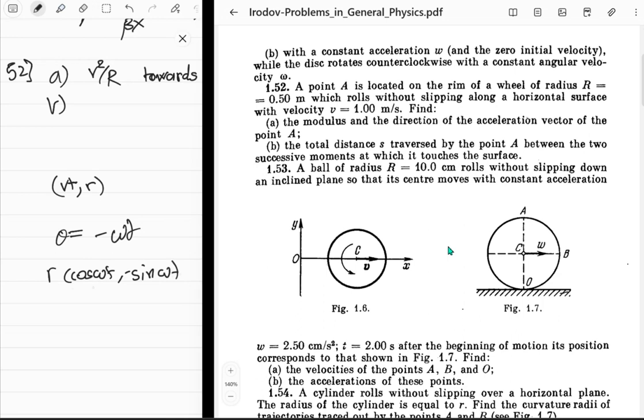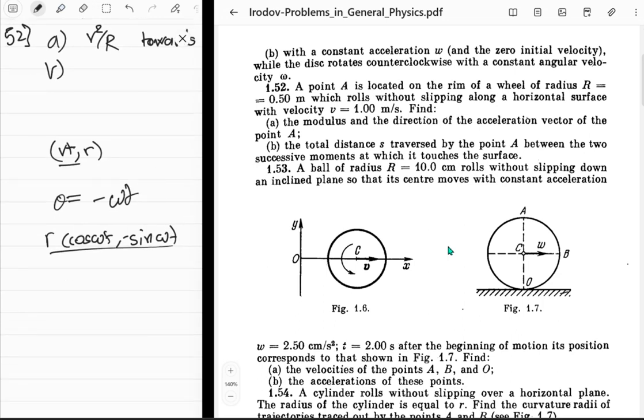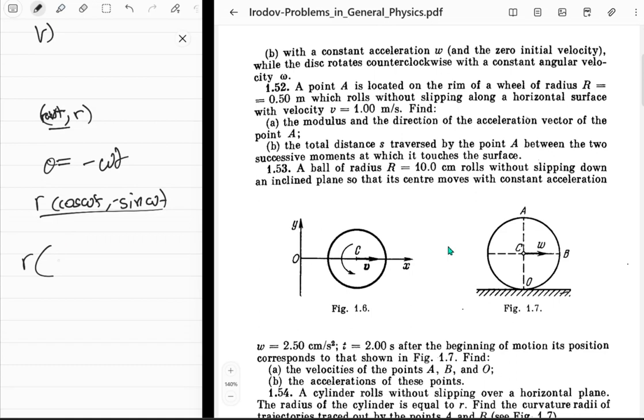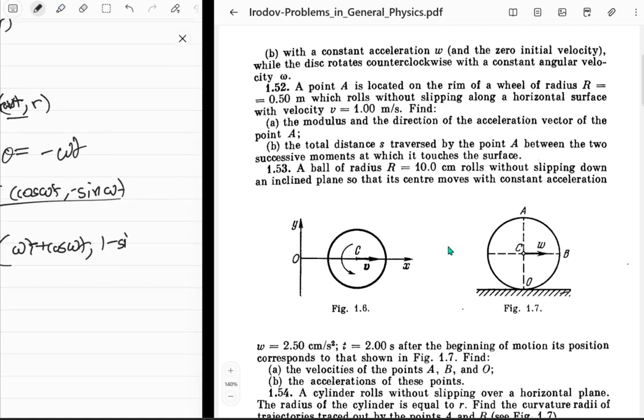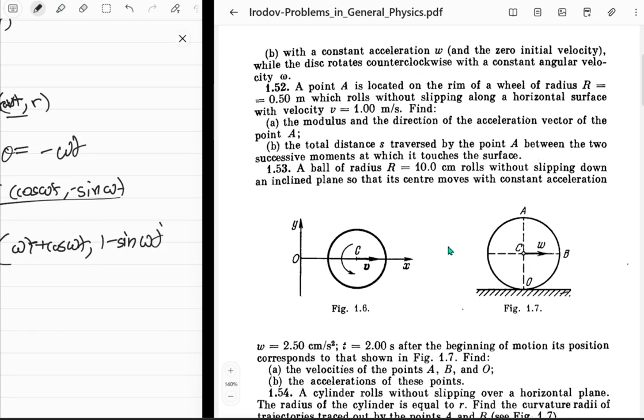Sorry, plus that. Oh god, why is this so complicated? Well, you can write this as r omega, so that's better, right? So it's basically just r times omega t plus cosine omega t, and then you got 1 minus sine omega t. This is the coordinates of the point A.